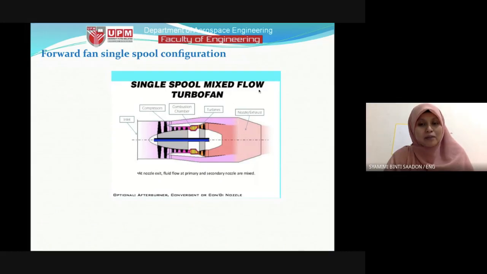So that's what is meant by mixed flow. The cold air from the bypass duct and the hot air from the core engine will be mixing together before exiting the exhaust nozzle. So at nozzle exit, fluid flow at primary and secondary nozzle are mixed, the hot and cold.